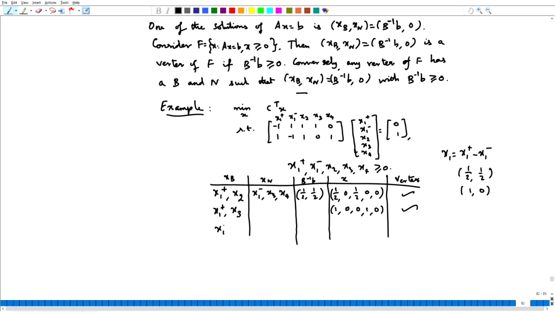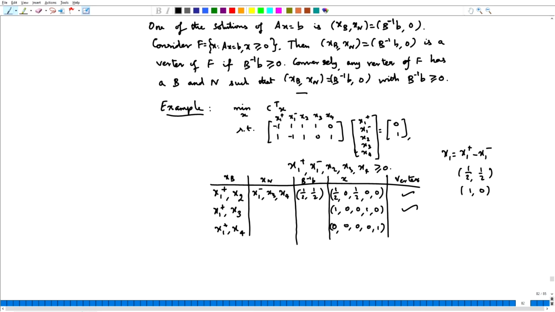Now let us do for x1 plus and x4, right. So now we have minus 1 0 as 0, so this will be 0. And this is 1, so that will be 1, right.